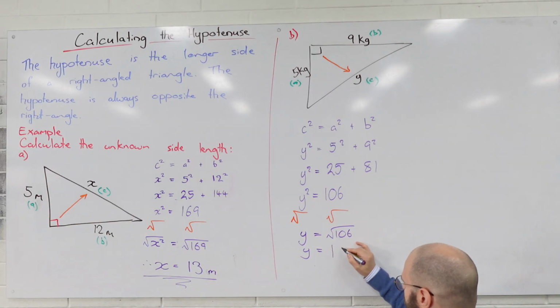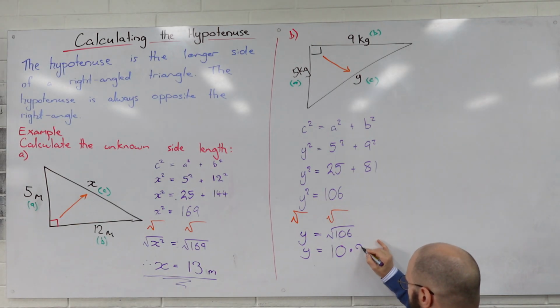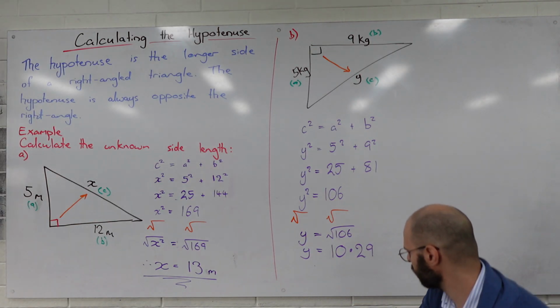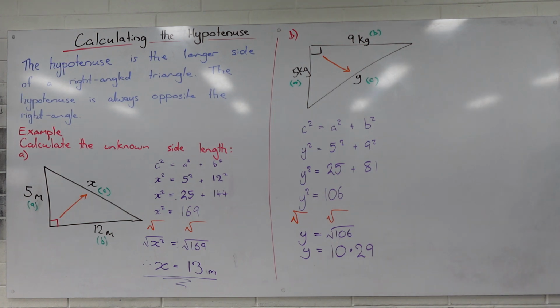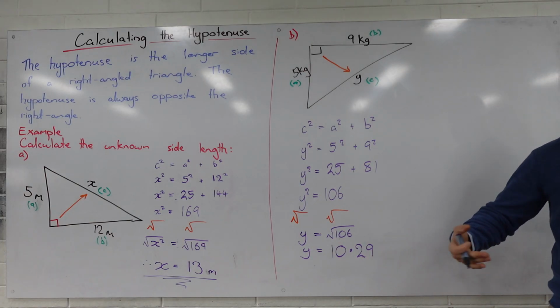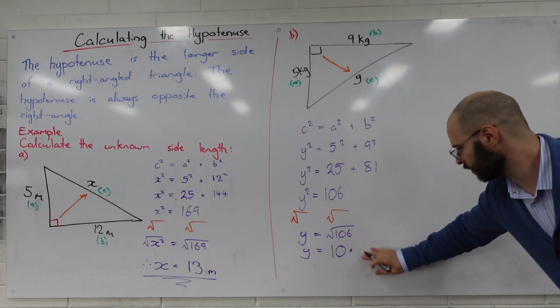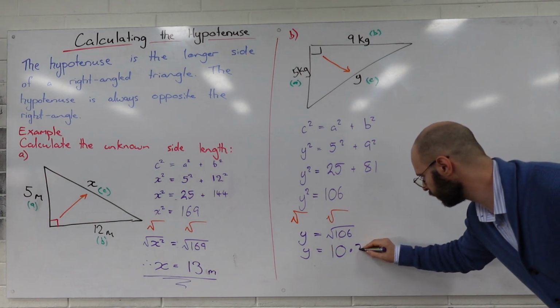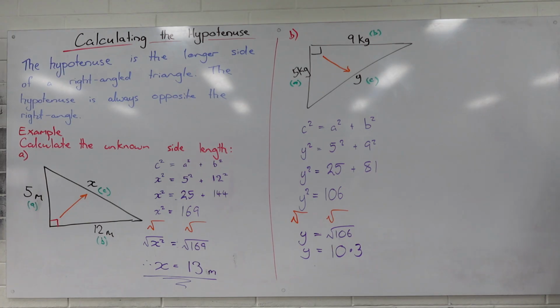Lucas got 10.3. Now you've got a choice here, guys. You can round up, you can round down, or you can just ignore. It's up to you. Rounding is not our concern today. I'm going to round up because 10.29 is closer to 10.3 than it is to 10.2. So I'd say it's 10.3.